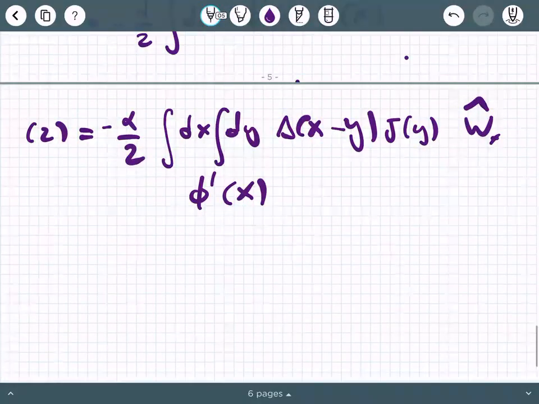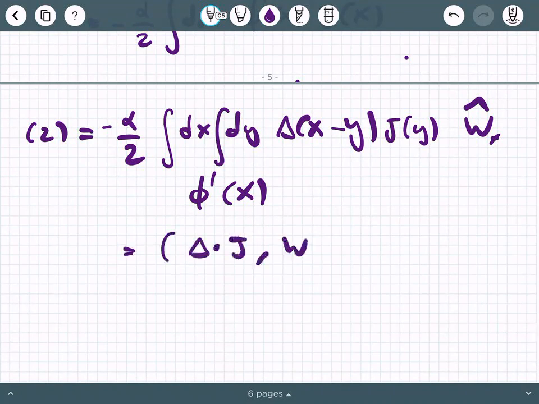Now, you can look at this as an inner product. So basically, this is delta phi W phi, right? Now, if this is Hermitian, as we are assuming because it's a Hamiltonian, then of course I can have it act on the other side.